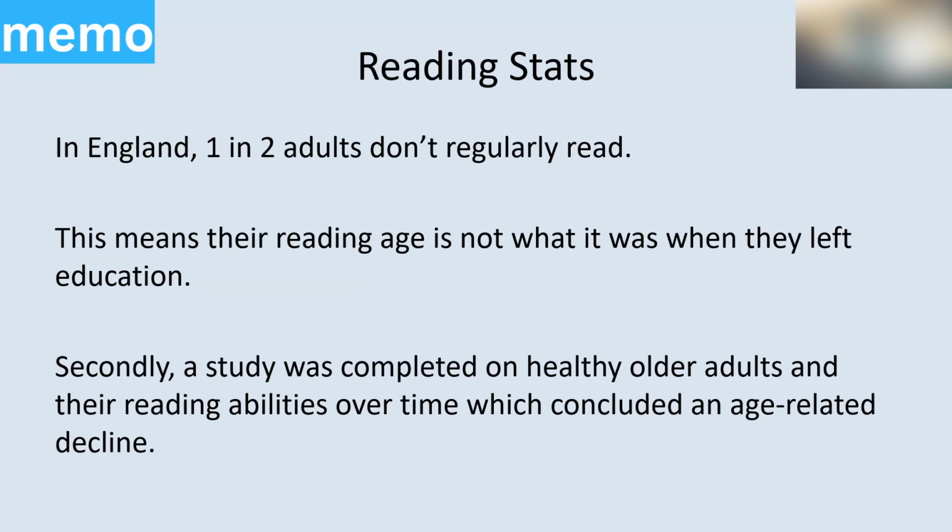So reading ages are a really useful tool to help us to figure out where our readers are, if we view it as a continuum that needs to be kept working at, and the different factors that are going to impact people as they go through.